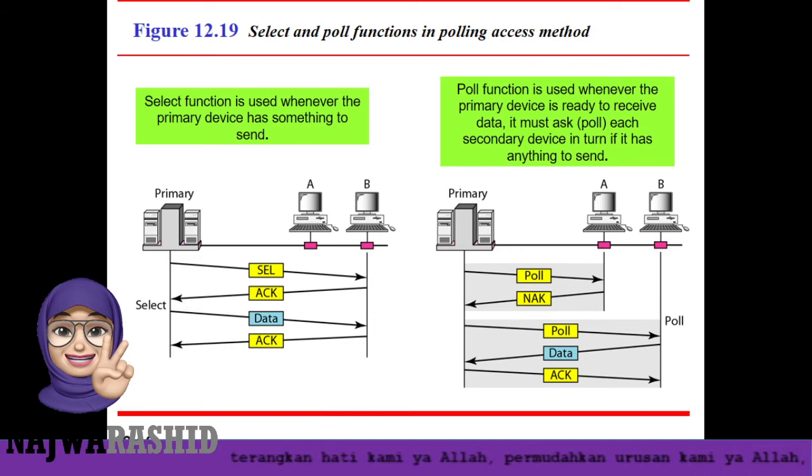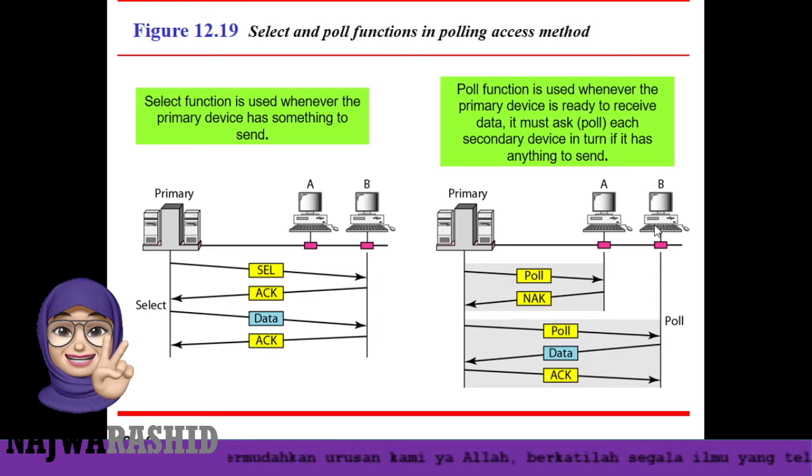The second situation is where we use the poll function. This poll function is used whenever the primary device is ready to receive data. For example here, it asks each secondary device in the network.